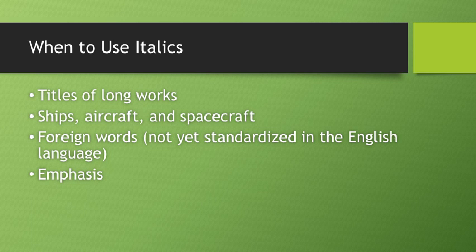Sometimes you're encouraged to put foreign words that are not yet part of the English language in any standardized capacity in italics, although I would argue that it's not necessary anymore. And then lastly, italics are a way to emphasize certain words, but again, there are other ways that you can make sure your sentences are clear without using italics.